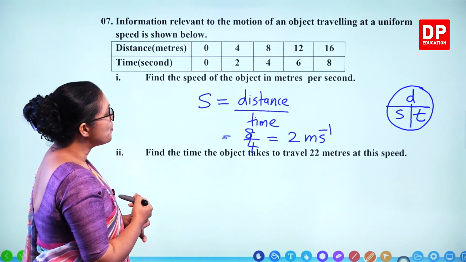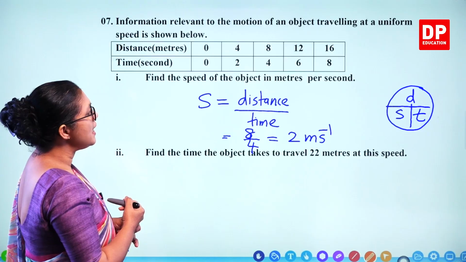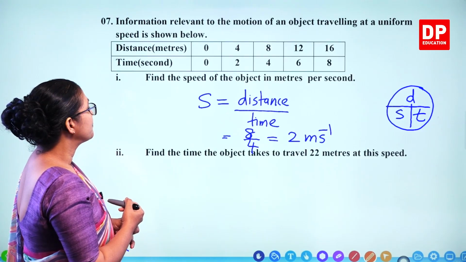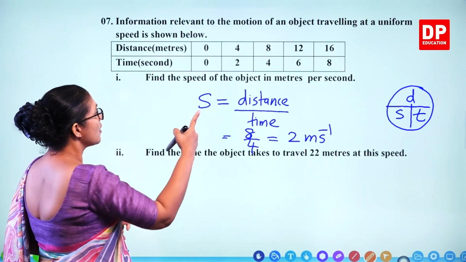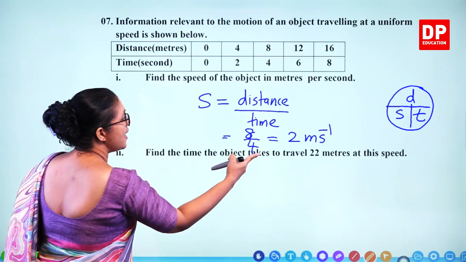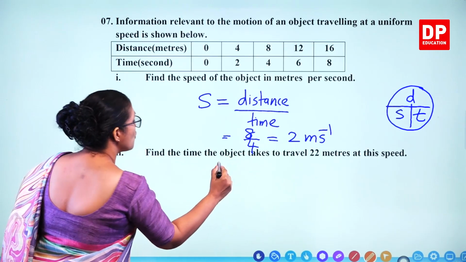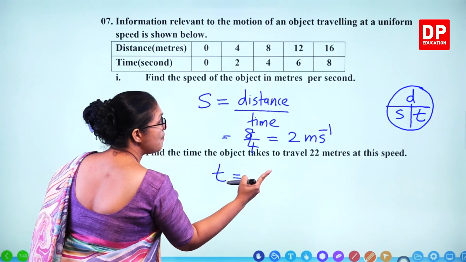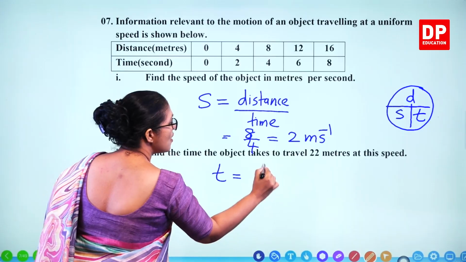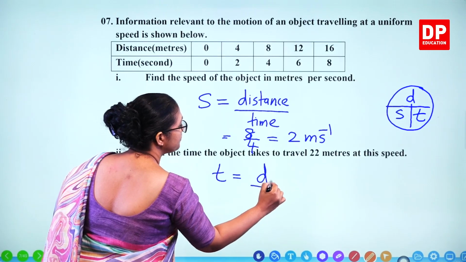Find the time the object takes to travel 22 meters at this speed. Same speed and the distance is given. So what's the time? Time is equal to distance over speed.